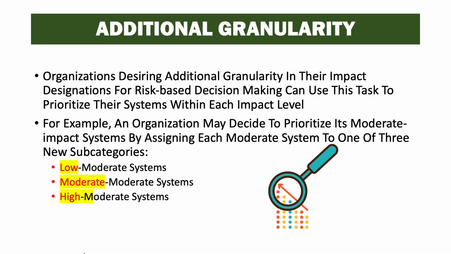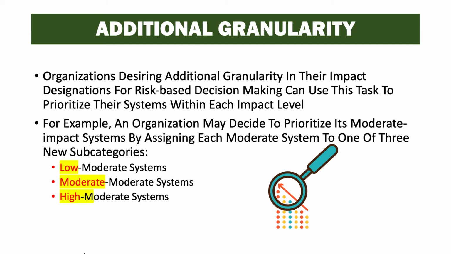Organizations desiring additional granularity in their impact designations for risk-based decision making can use this task to prioritize their system within each impact level. For example, organizations may decide to prioritize its moderate impact systems by assigning each moderate system one of 3 new subcategories.